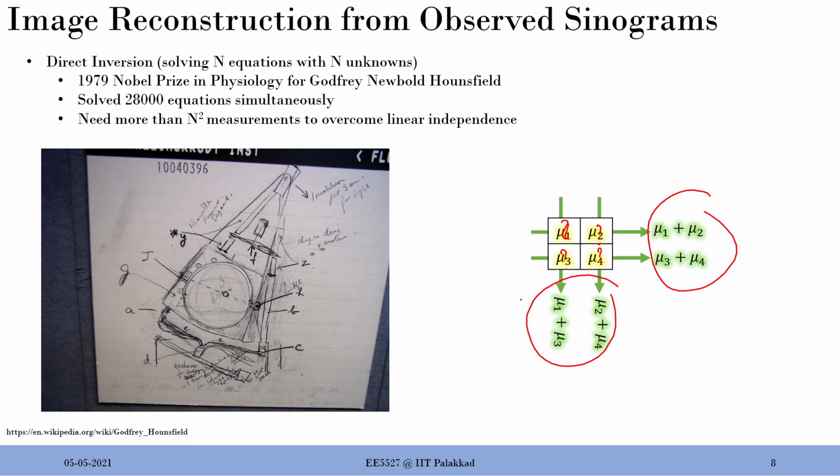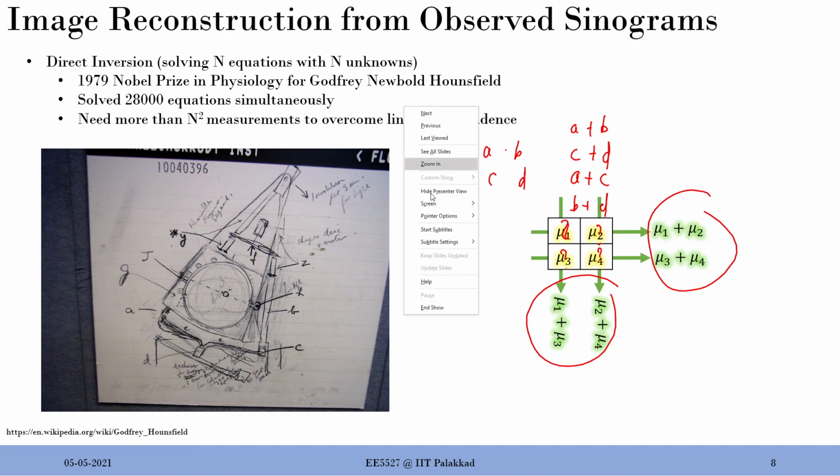What Hounsfield did is he had these four equations, and he took a, b, c, d as the locations. We know the a plus b value, the c plus d value, the a plus c value, and the b plus d value, and he solved it using inversion and got those a, b, c, d values. You can also solve the equations by hand.